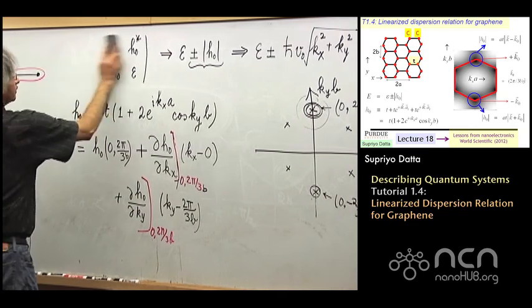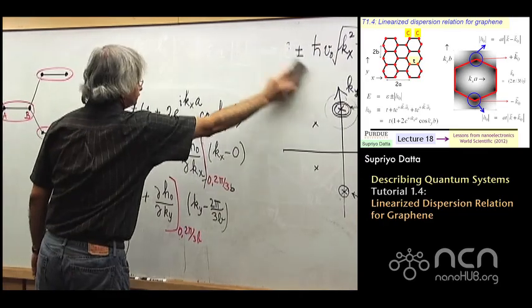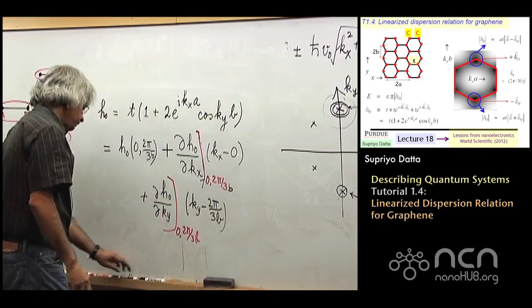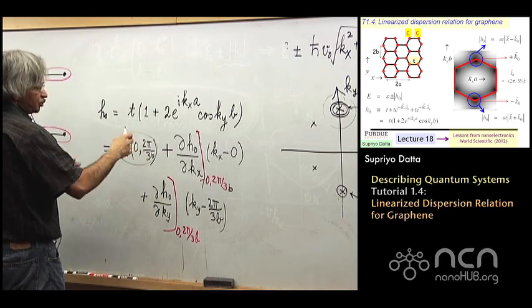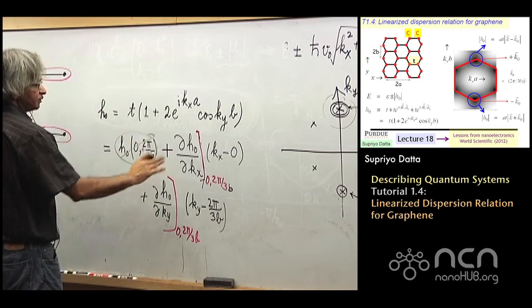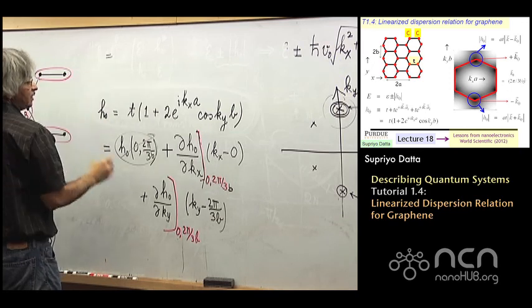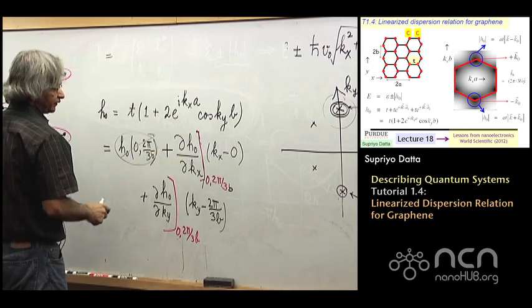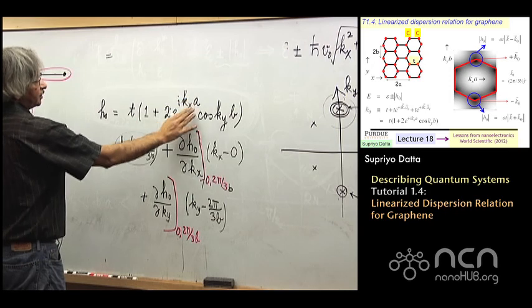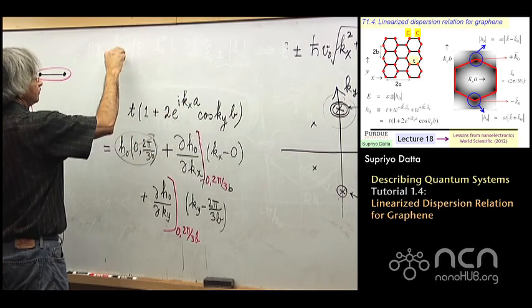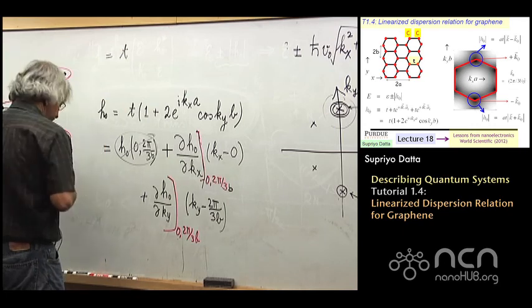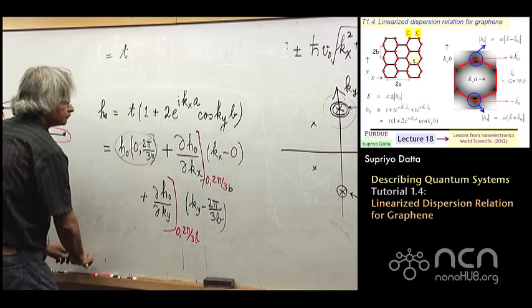So let me go back here. The first term is just 0. That's how we chose the point, of course. That's just plain 0. So now the second term, del H0 del Kx. I'm taking the derivative of this with respect to Kx. So what I'll get is, there's a t, of course, and then let me get a better pen.